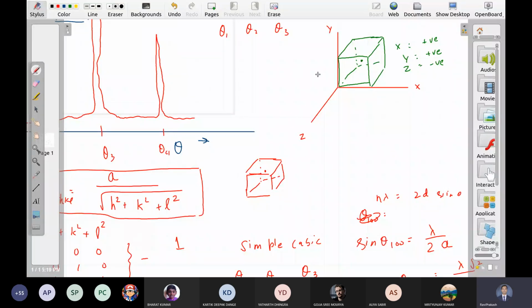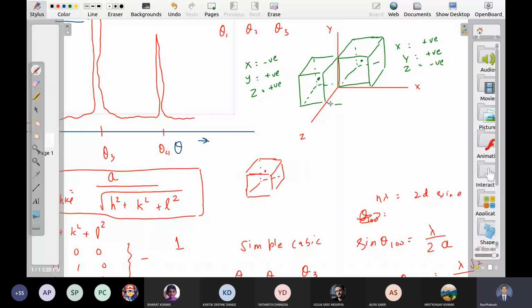Let me draw one unit cell in this plane. This unit cell belongs to which region? X is negative here, Y is positive, Z is positive. This is the corresponding body centered point.